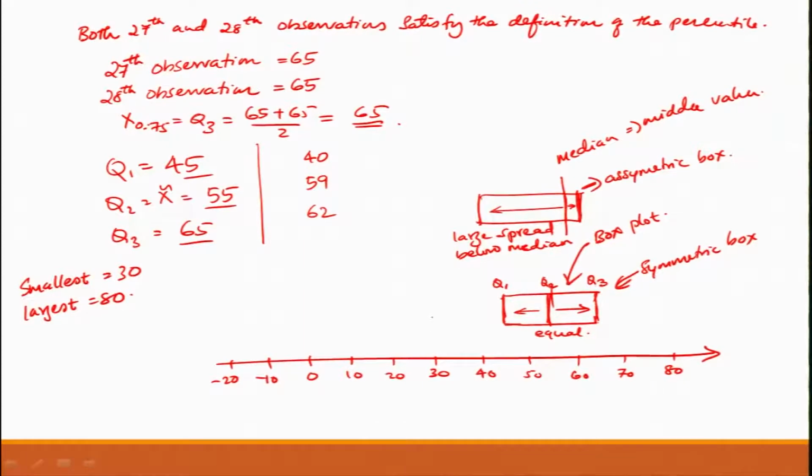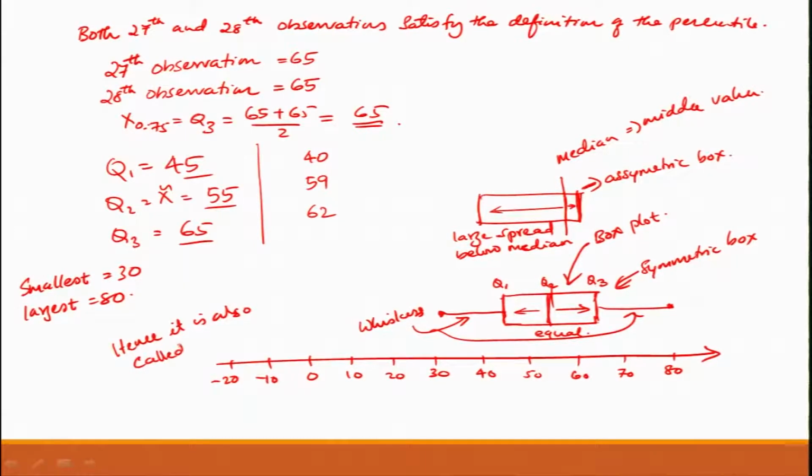Here is 30, you draw a point, and here is 80, you draw a point, and you connect them with the box. This is typically called the whiskers. Hence it is also called the box and whisker plot.